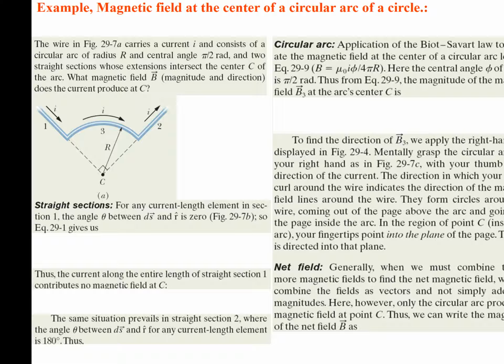So we're going to start with sections 1 and 2. For any current length element in section 1, the angle between ds and r is going to be 0, right? r is going to be in this direction, and our current is also in this direction. That's going to be our ds. They're both going in the same direction, which means dB1 is equal to, actually, we're just going to use the Biot-Savart law here.